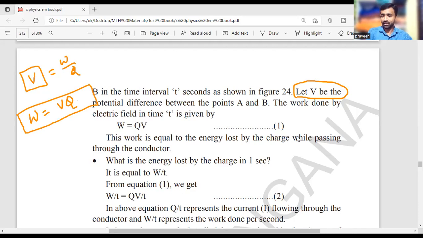So that we can take it here. So W equal to V into Q. By using this W, I am able to find out the power. So power is equal to what? P is equal to W by T.